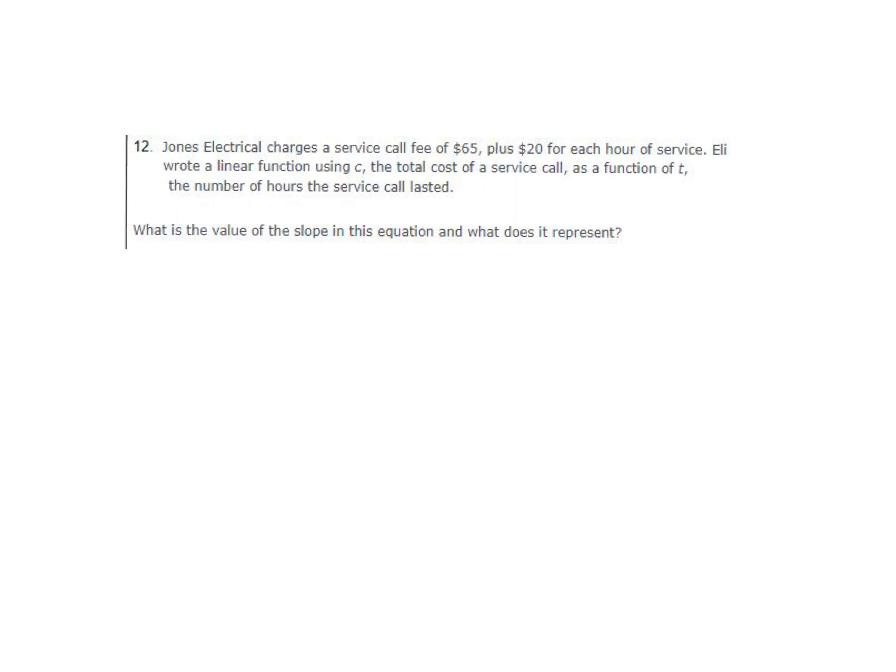So for this function, if we call the total cost C, it's equal to $20 per T, which is the time. And then we're going to add to that the service fee of $65. So that's what that equation would look like.